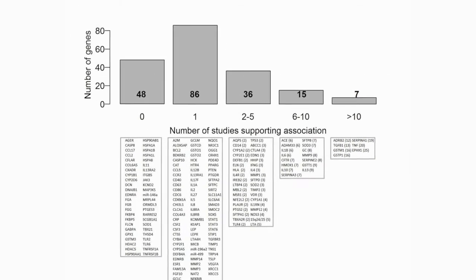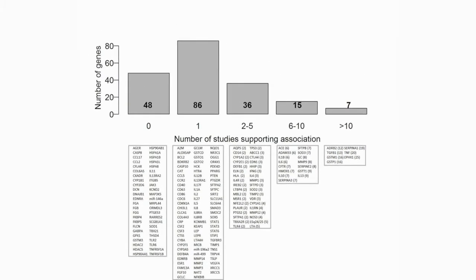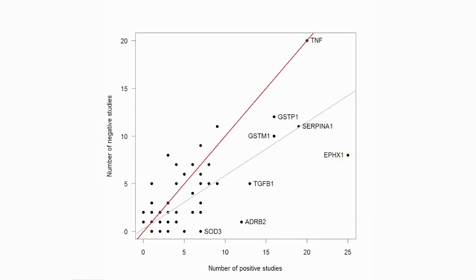However, these are not necessarily the most robust genes associated with COPD or related phenotypes. In fact, if you look at Figure 2, you can see the relationship between the positive and negative studies. As an example, if you look at the upper right corner of this figure, you can see the TNF gene.